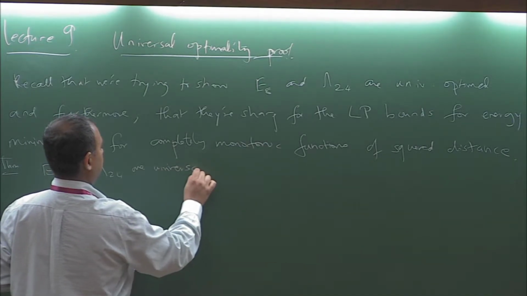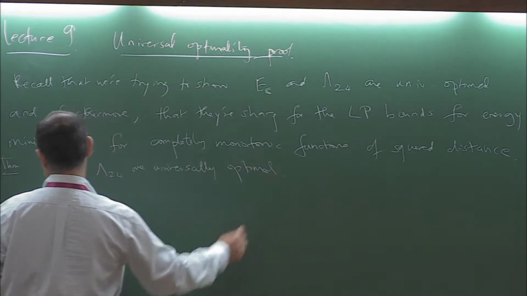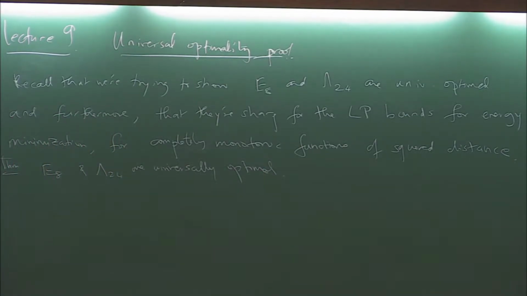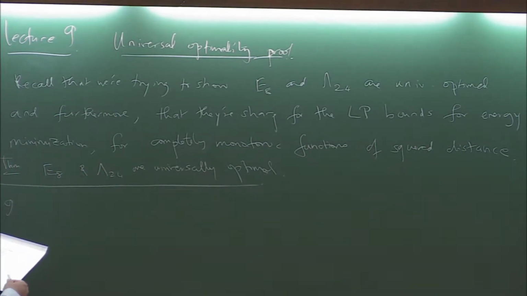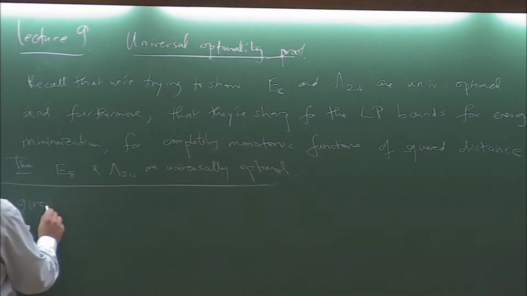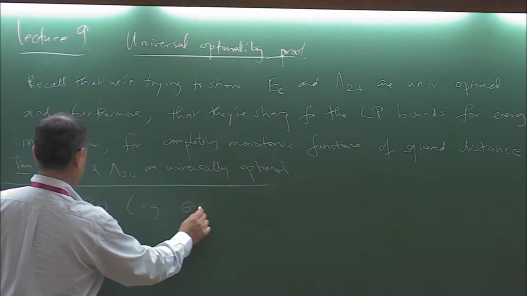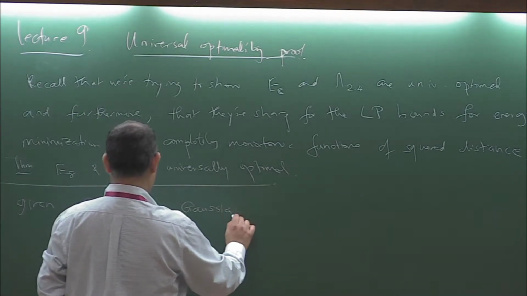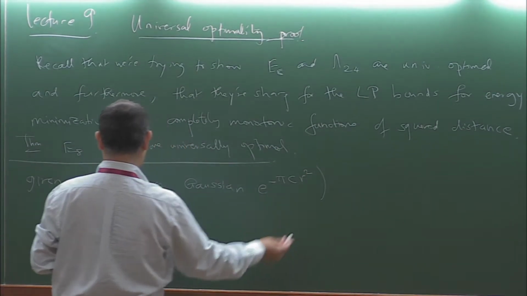Universally optimal. So if you're looking at completely monotonic functions of squared distance, the prototype is a Gaussian. So given f of r, for example, the Gaussian e to the minus pi c r squared, what do we need to do?